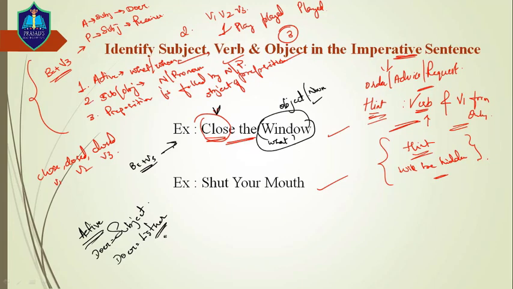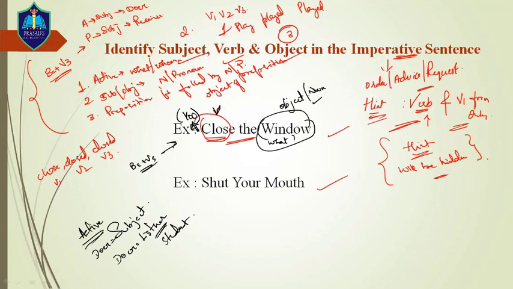The student is the listener and that student will be the subject. I'm explaining once again: in the classroom, I will say to one student, close the window. That student will be the doer, so the listener, the student, will be the subject here, and "you" will be hidden here.